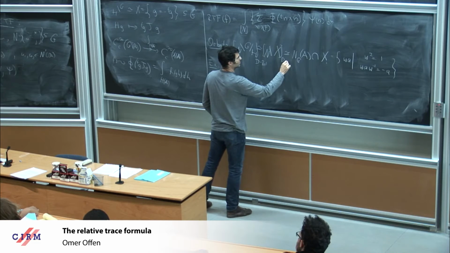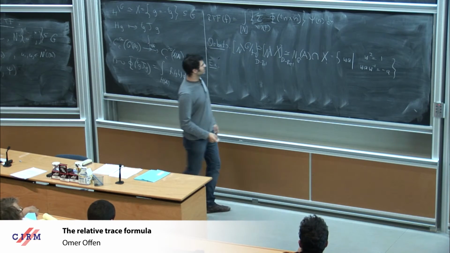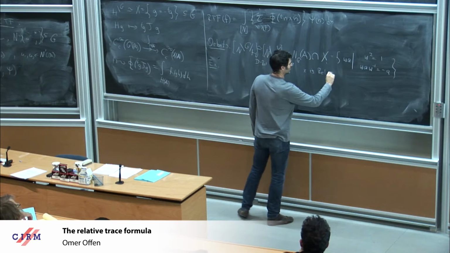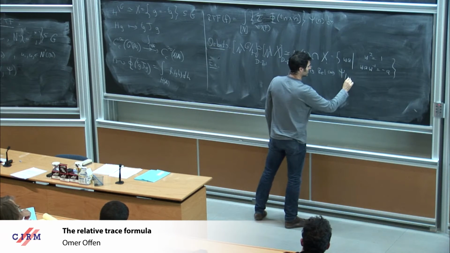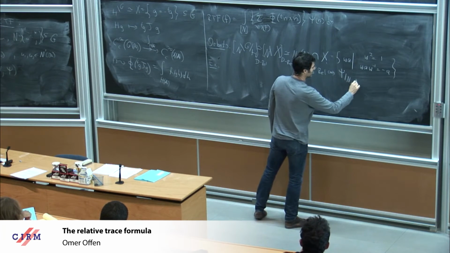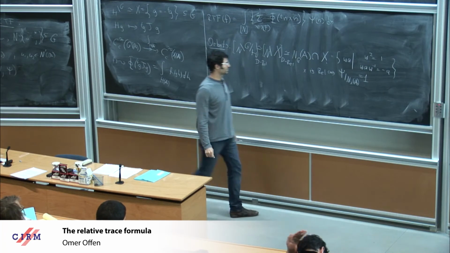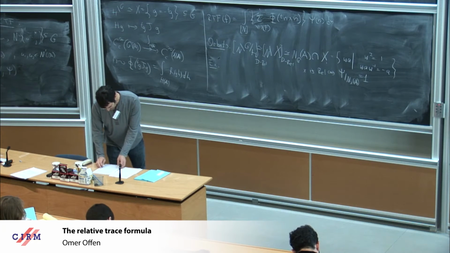What this means really, if we look at the trace formula, is that x is relevant means that the character psi is trivial on the stabilizer of x. So we want to study relevant orbits.